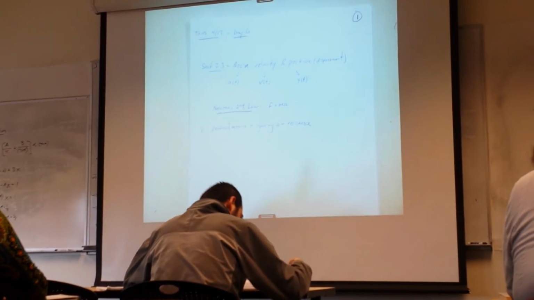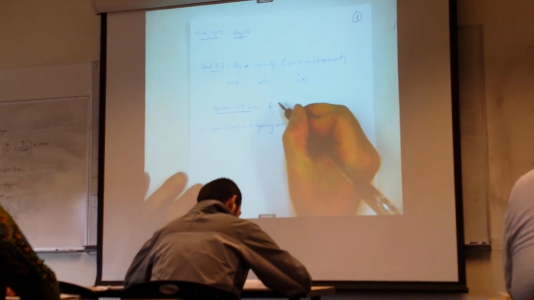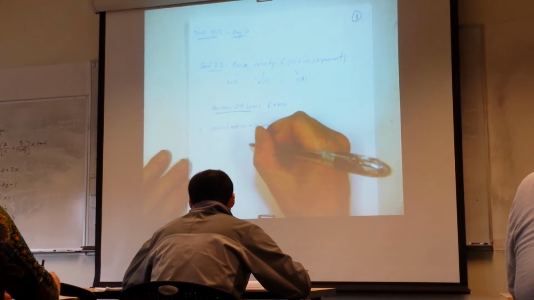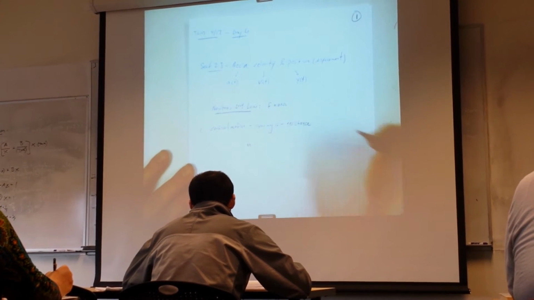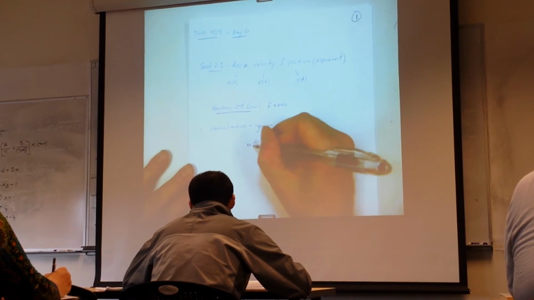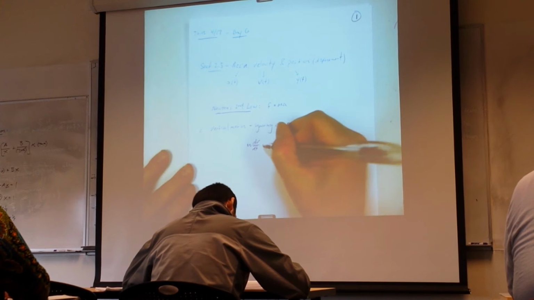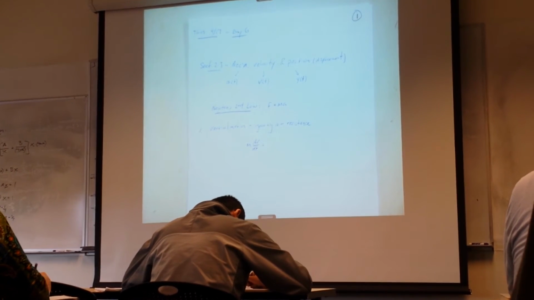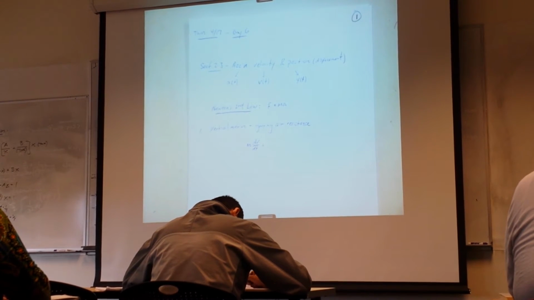Okay, so this force equals mass times acceleration law becomes, well, mass times acceleration. Acceleration is dv dt. And when we're talking about a falling body with no other, what's the force acting on it? Gravity.